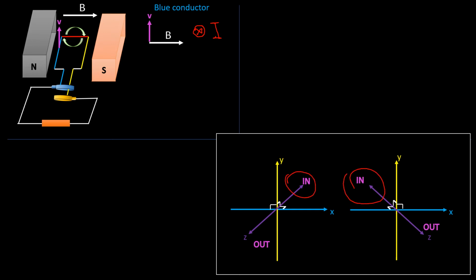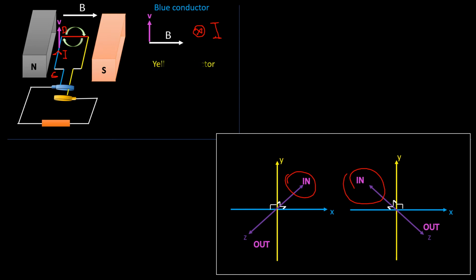For the blue conductor, let's say I make a note here as point C and here as point D. So your current will be moving from point C to point D. Get it? Now you know that the coil is rotating in clockwise direction.